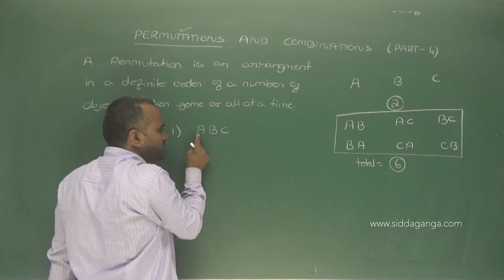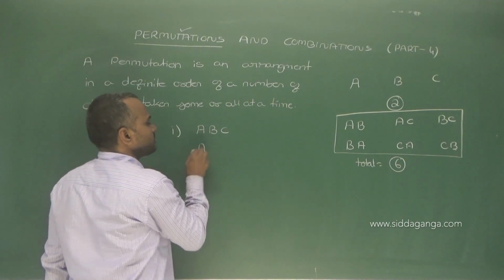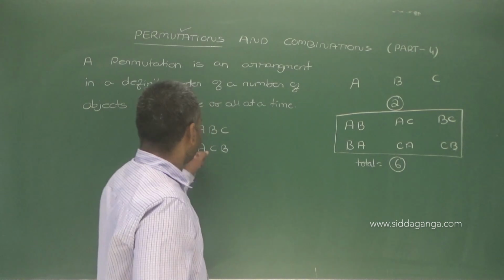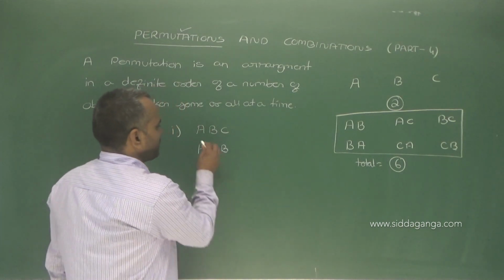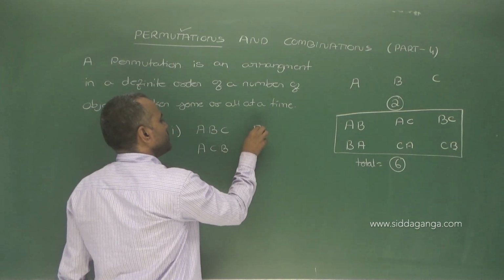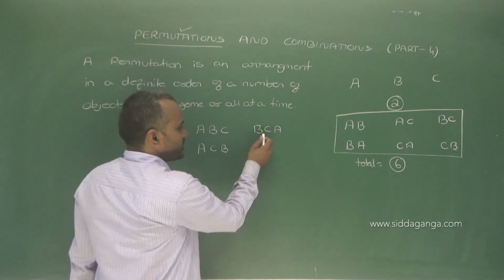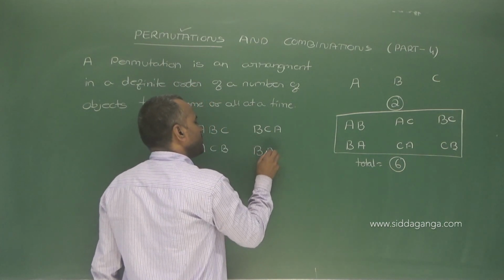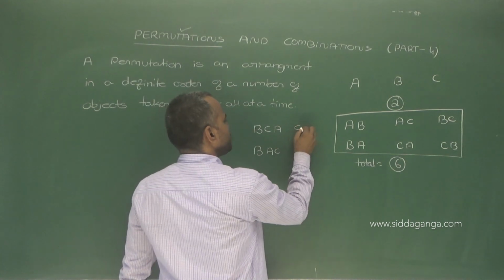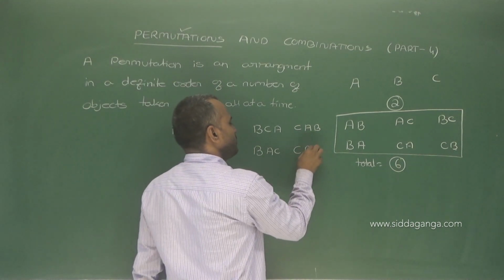Just interchange these 2, fixing A in the first place: ACB. Then with A done, B must be in the first place: BCA. Then C and A are interchanged: BAC. Then C must be in the first place: CAB, and CBA.